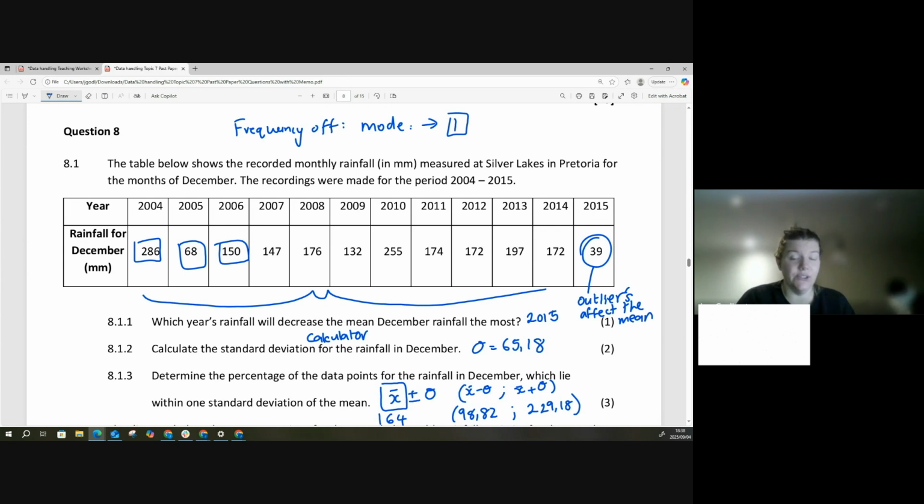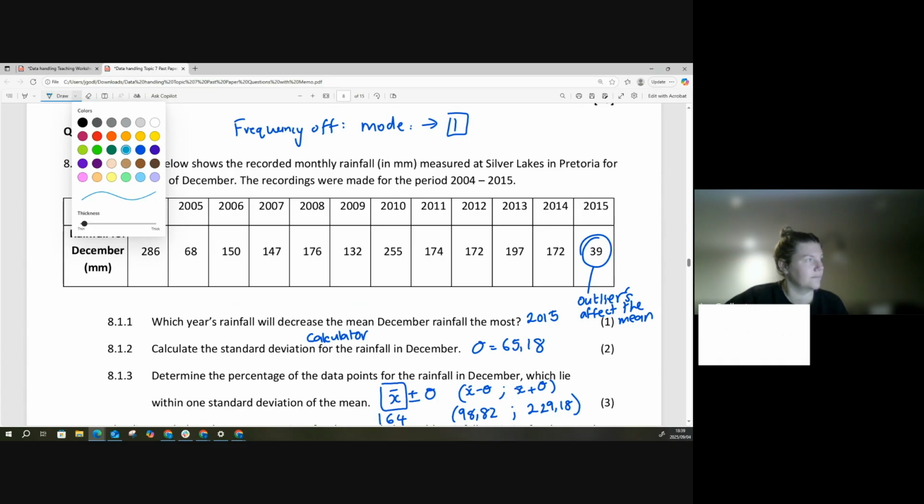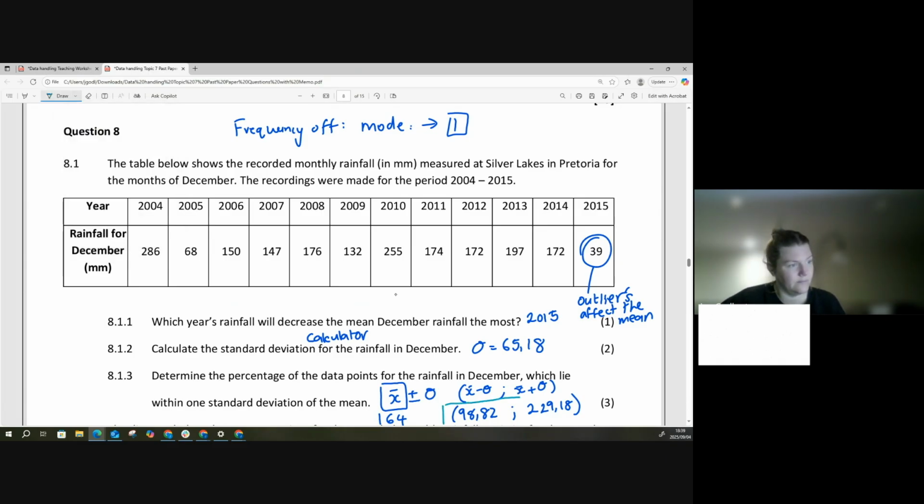Now what you need to do is find how many data points fit into that range. Yeah, good.